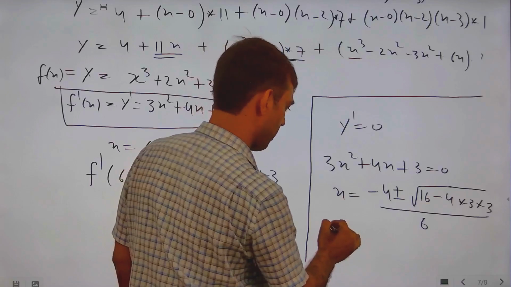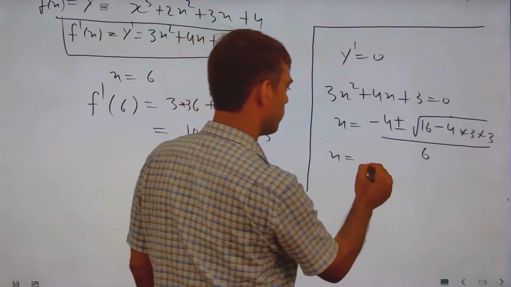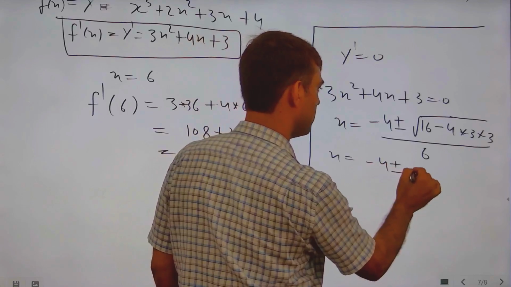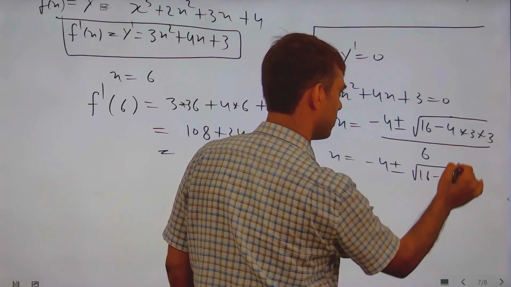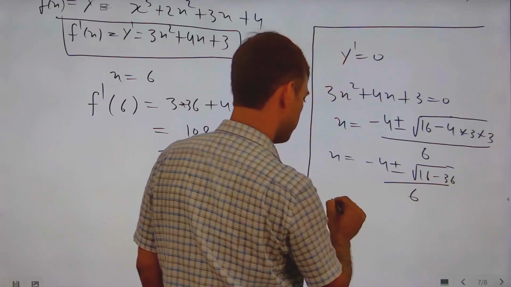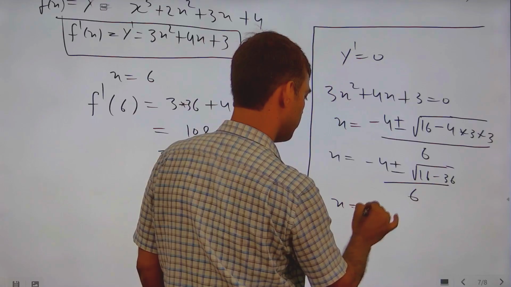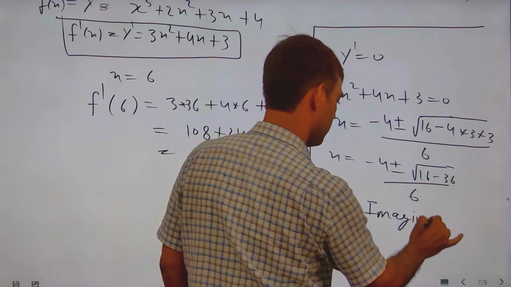So x equals minus 4 plus minus under root 16 minus 36, divided by 6. This means x is an imaginary value.